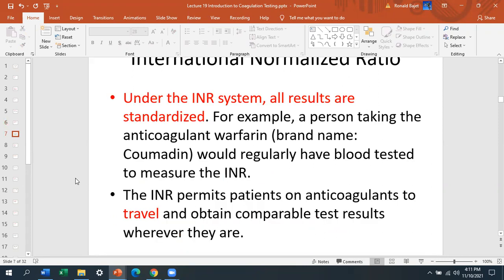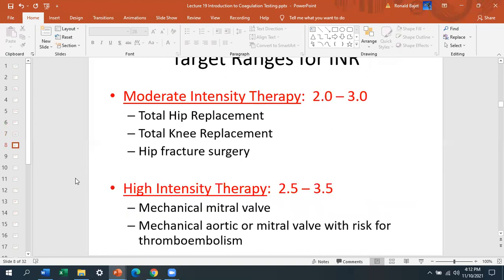Like I mentioned, under the INR system, all results are standardized, and it's great for patients who want to travel. For patients on anticoagulants, it allows them to travel and obtain comparable results wherever they are. So it's a way to standardize the prothrombin time.